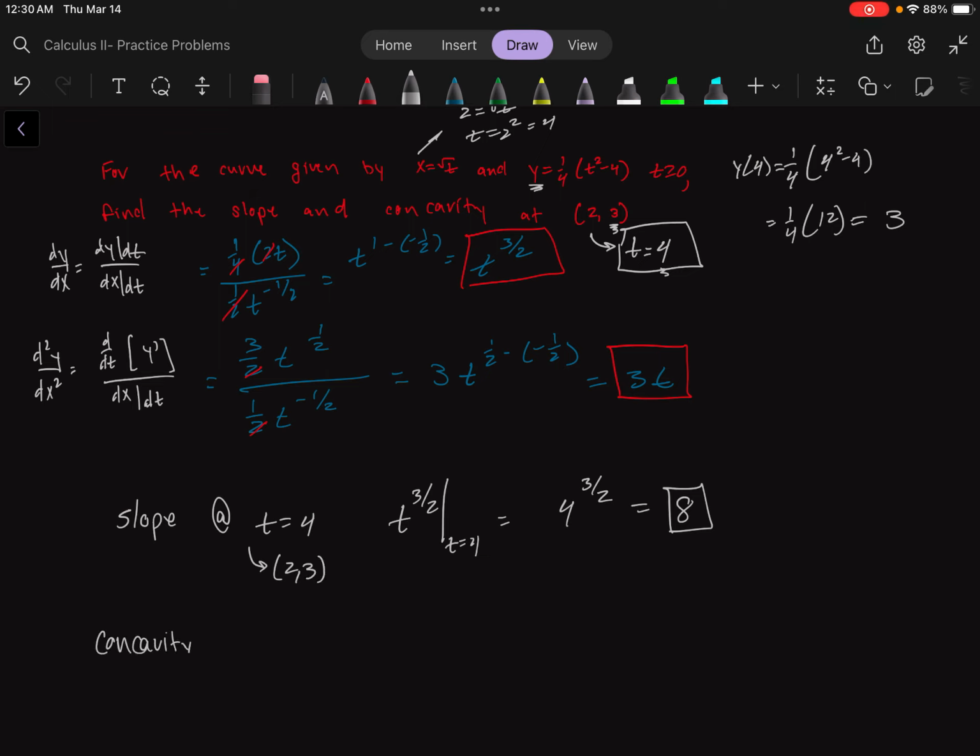Concavity at 2, 3 is plug in t equals 4, and we get 3 times 4, which equals 12. What does that tell us about concavity? Well, since the second derivative is positive at this t value, concave up. When the second derivative is positive, the graph is concave up. So we used this information to determine that the slope at t equals 4 was 8, and that the graph is concave up at that point.